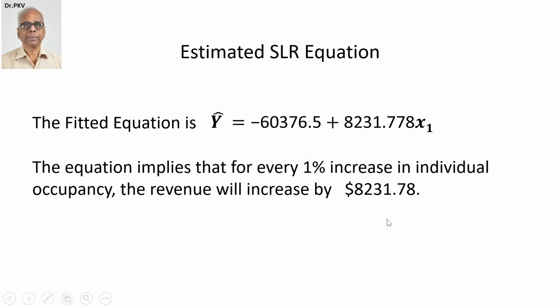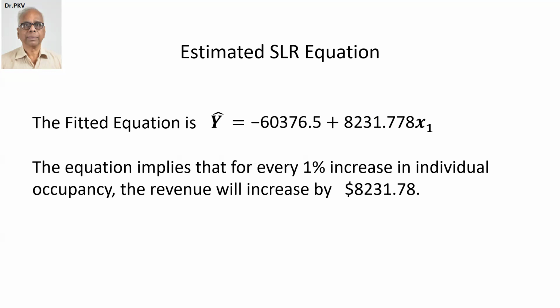That is the story. In other words, there is a positive slope. If you keep on increasing the room occupancy, every 1% point of increase in the room occupancy will zoom or boost the revenue by an additional $8,231.78.